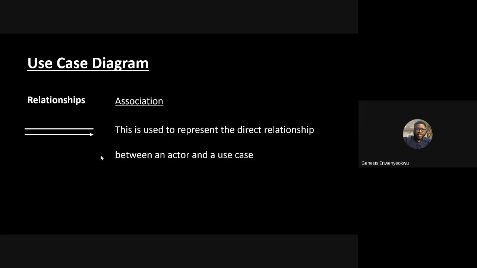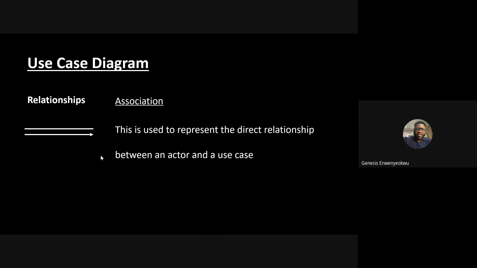For the association relationship, the arrow does not have a head. The arrow for your association relationship does not have any form of head. It is just a straight line, and it is used to represent the direct relationship between an actor and a use case. That is what we use the association relationship for.